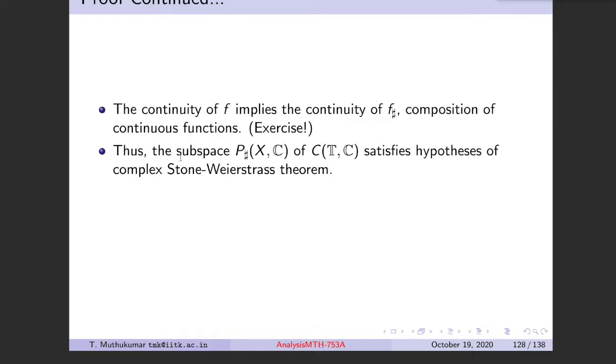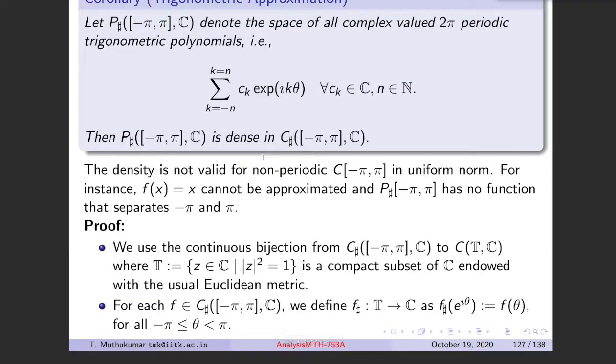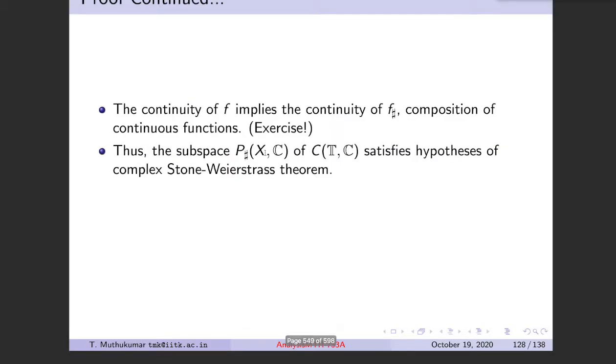So once you have that, then you take the subspace which is 2 pi periodic functions.